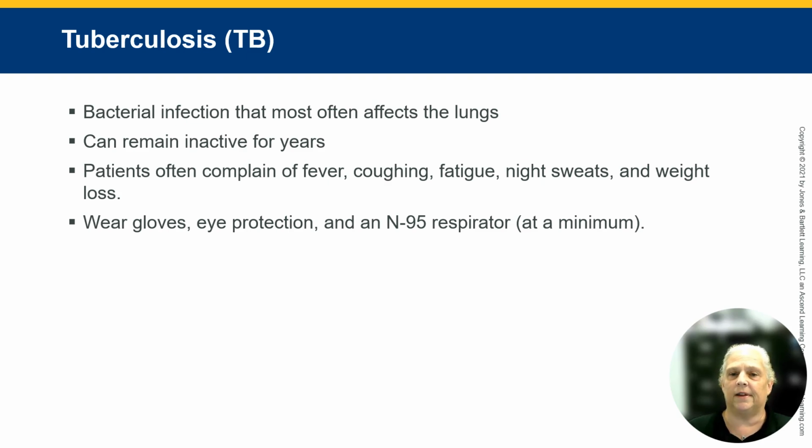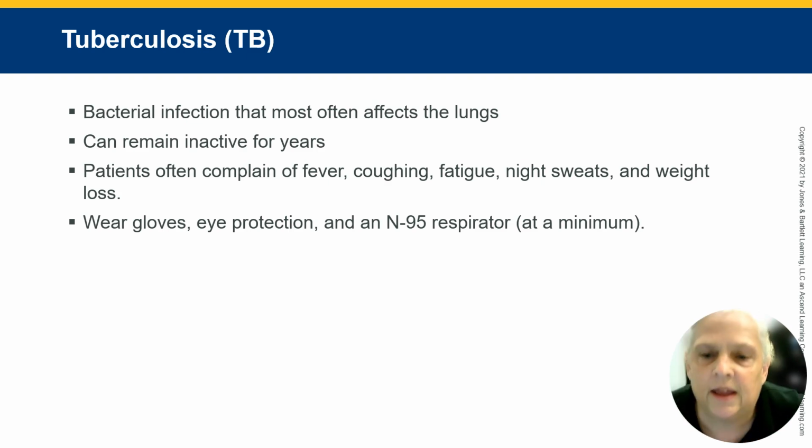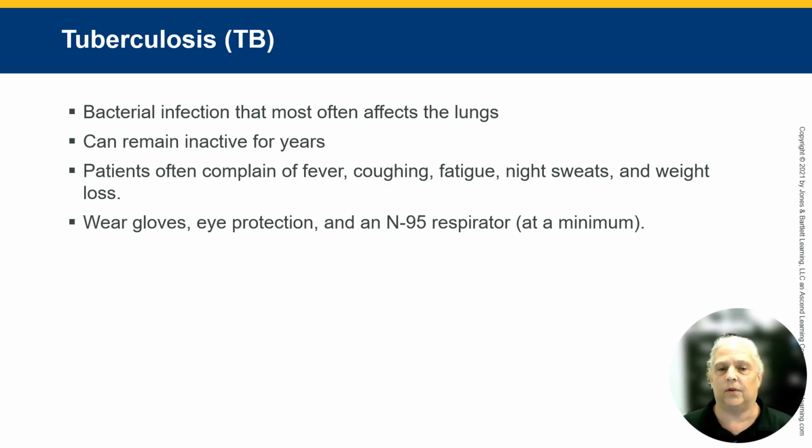It's more prevalent in homeless people, prison inmates, nursing home residents, people who abuse intravenous drugs or alcohol, and those with HIV. If you suspect your patient has active TB, you want to make sure that you're wearing your gloves, eye protection, and N95. You want to put a surgical mask on your patient.